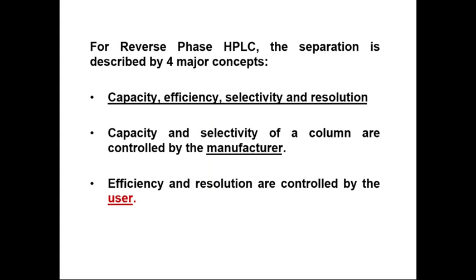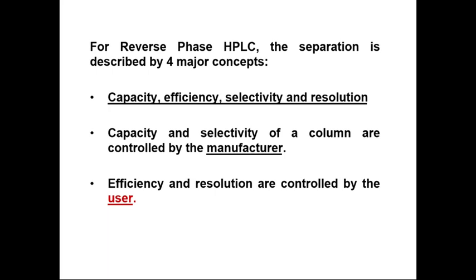And results can be analyzed. In reverse phase HPLC separation, the separation is described by four major concepts. One is the capacity, the efficiency, the selectivity, and the resolution. The capacity and the selectivity of the column cannot be controlled by you who are the user. It is controlled by the manufacturer.